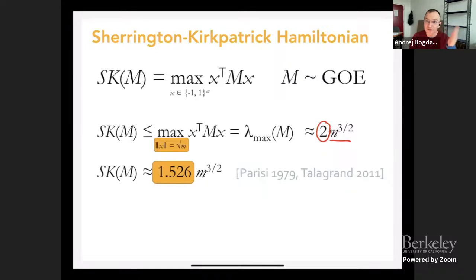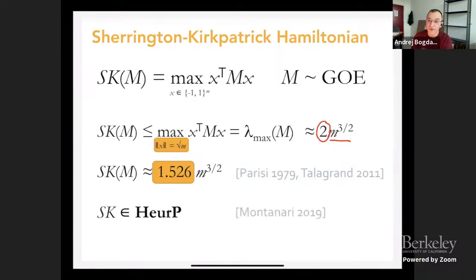Actually, this is only a special case of some optimization problem that they looked at. This corresponds to the zero temperature regime. And what Parisi gave is a whole formula for this, which is very mysterious. And this is a whole other story. But this is the motivation.